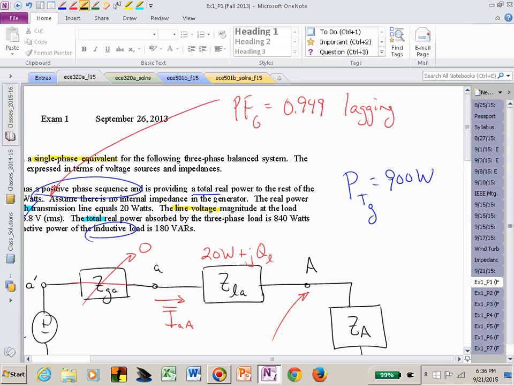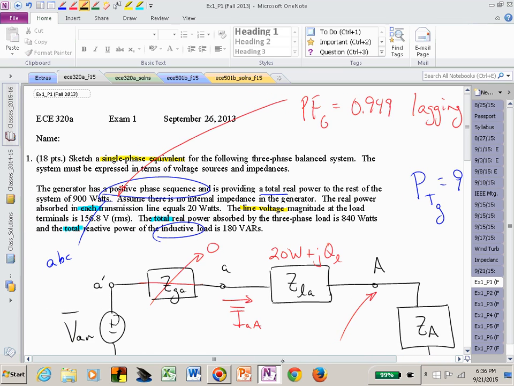So the initial problem, it does not matter how things are interconnected. Is that what you were asking? All I'm giving you in this problem statement is powers, complex powers and relationships, and I'm not telling you how things are physically connected, but you can still create a single phase equivalent from that information.